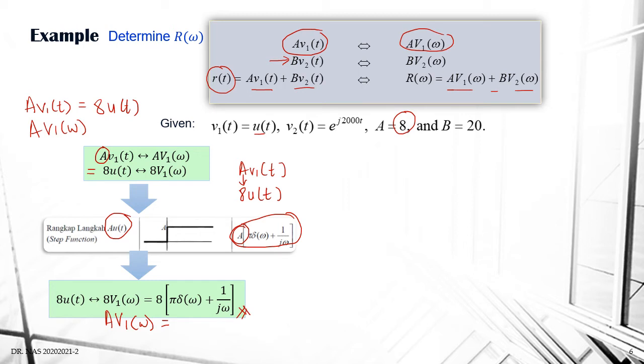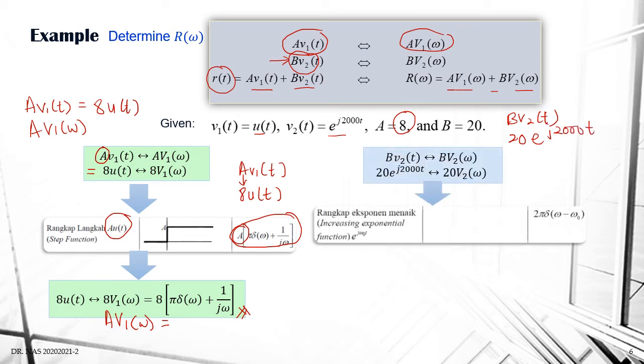Next, you need to work on B V2(t). Your B is 20, and V2 is given by this exponential, e^(j2000t). Again, refer to the table, since you need to find B V2(ω).